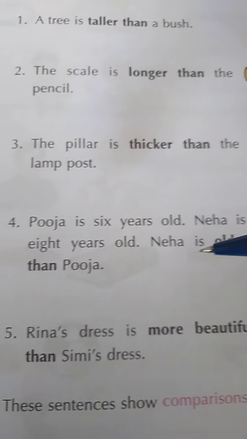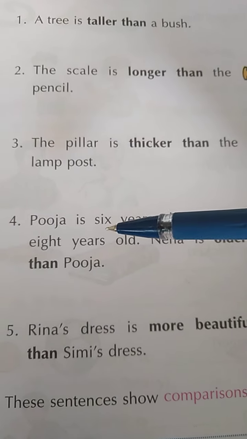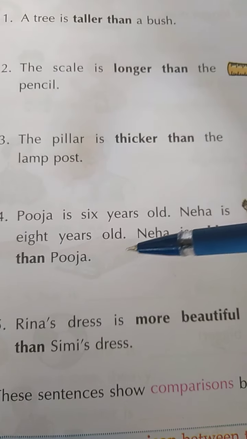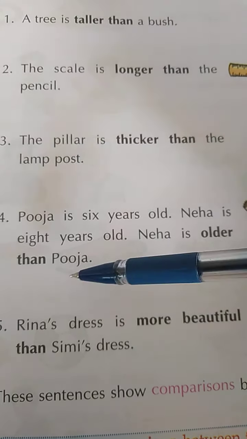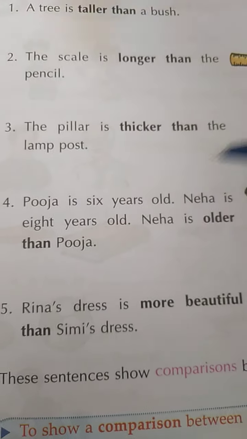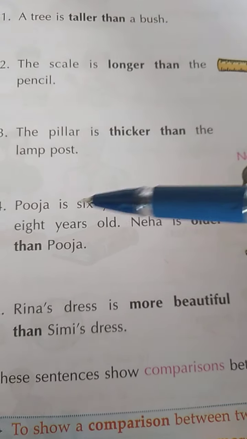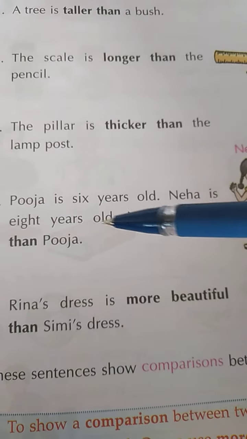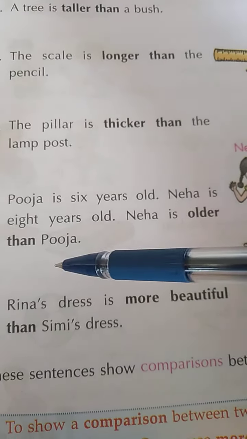After that, here see, in the fourth one, Pooja is 6 years old and Neha is 8 years old. Neha is older than Pooja. It means, I repeat again, Pooja is 6 years old and Neha is 8 years old. Neha is older than Pooja.